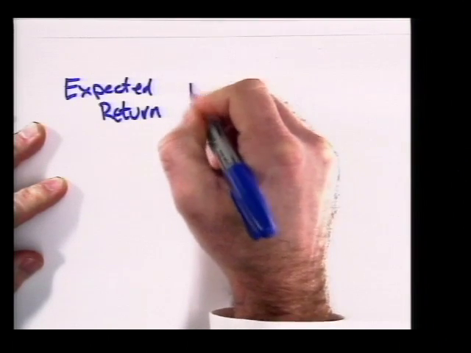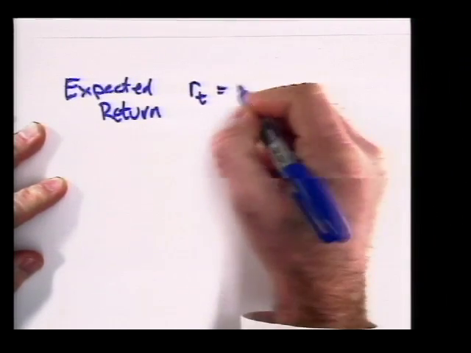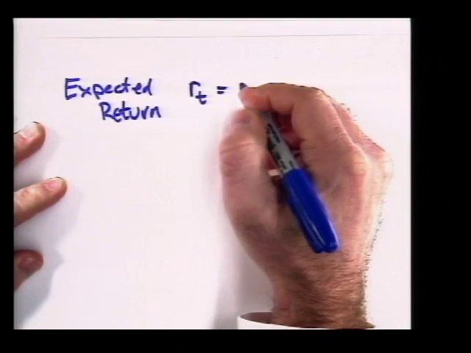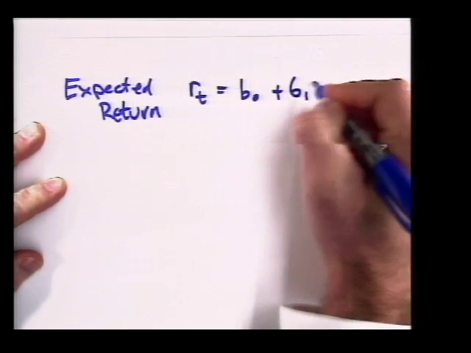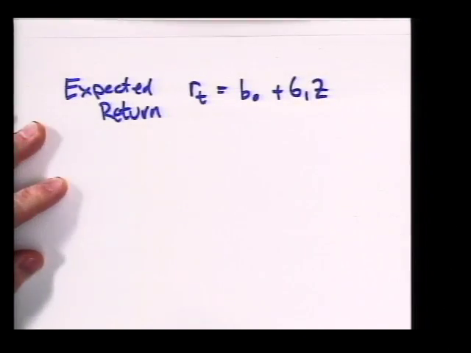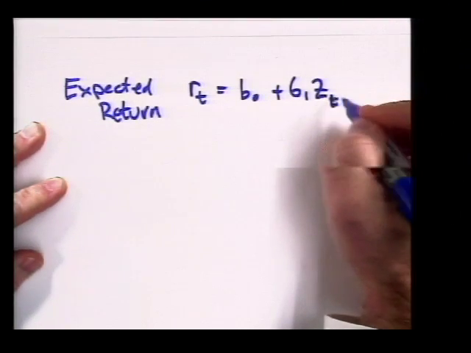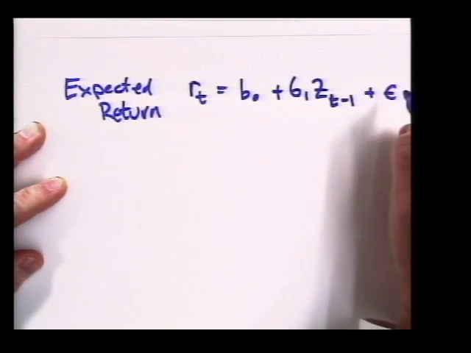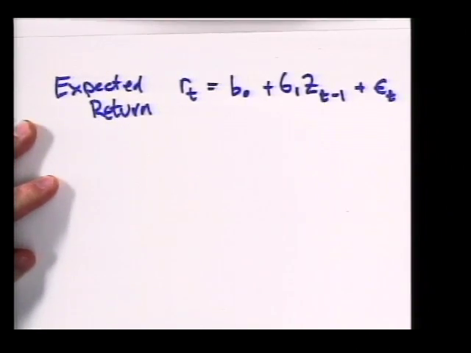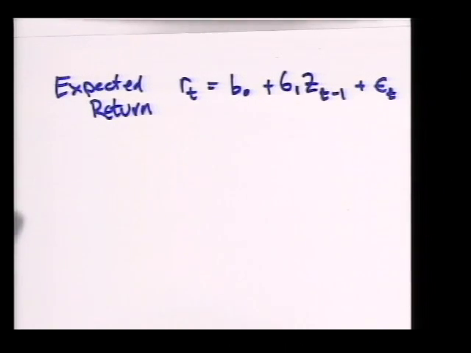And that model is R_t equals, did I use B? And let's just assume just one thing that we're using for prediction. Always lagged. Okay? So that's our expected return. Always with the lag Z, right?